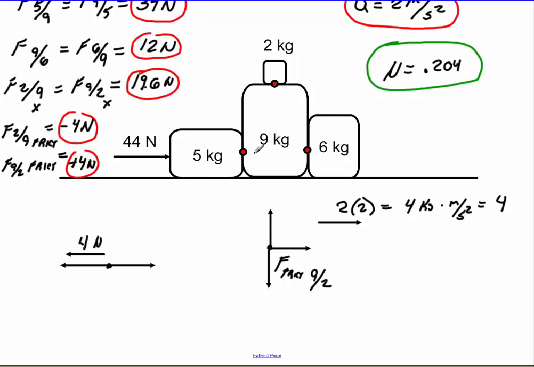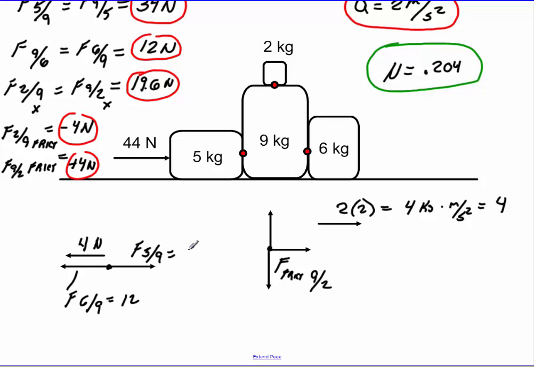Okay. Now, what do we have pushing the 9? This will be the force that the 5 is pushing the 9, and this is the force the 6 is pushing the 9. 6 pushing the 9 is 12, and 34.